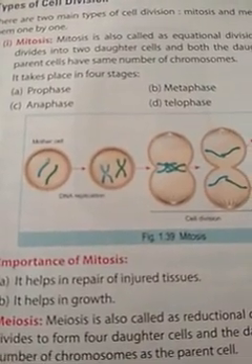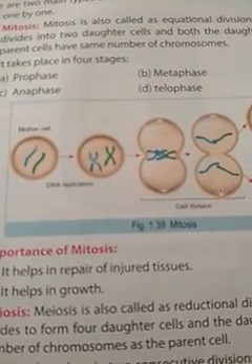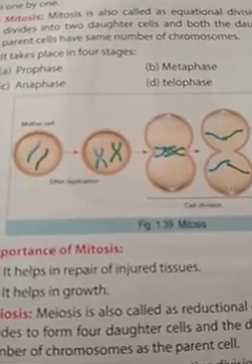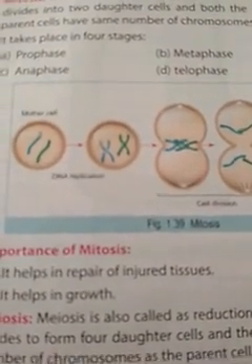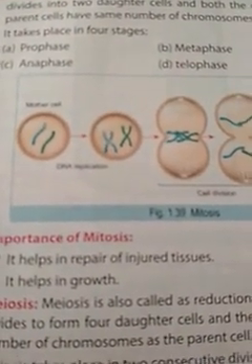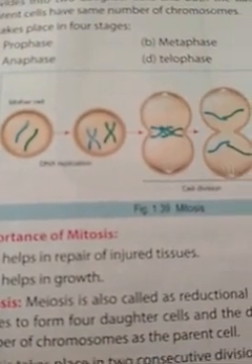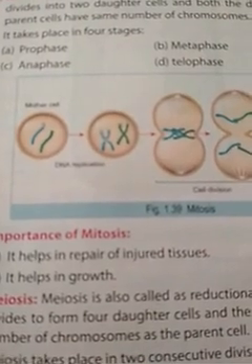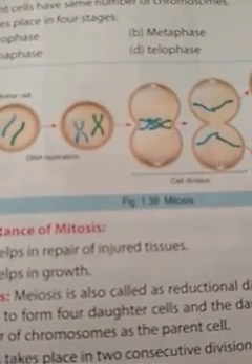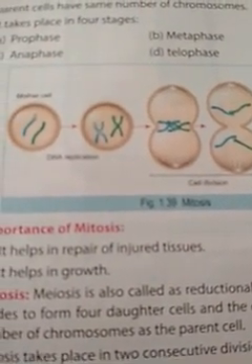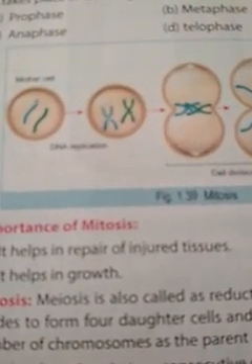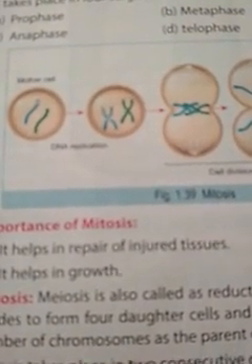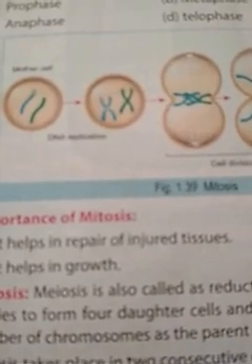In mitosis, when the cell divides, the chromosome number remains the same as in the mother cell. But in meiosis, when the cell divides, the chromosome number becomes half compared to the mother cell. So meiosis is the half cell division, while mitosis is the full cell division.